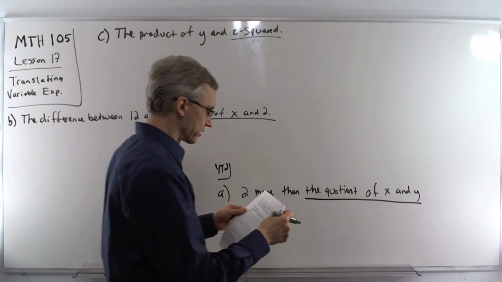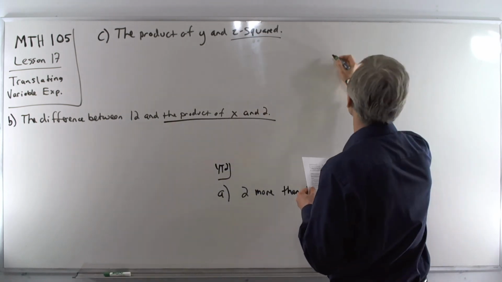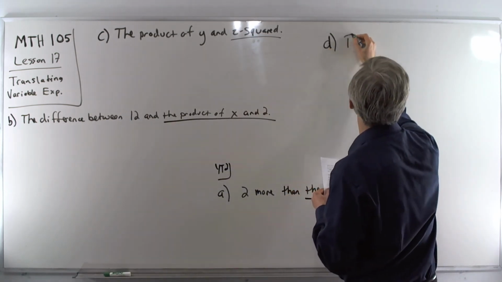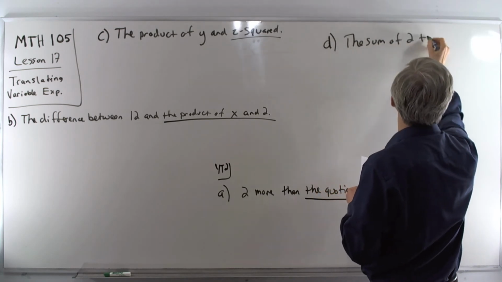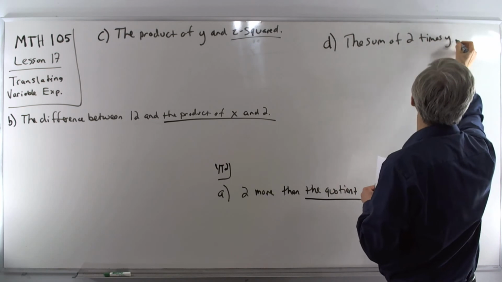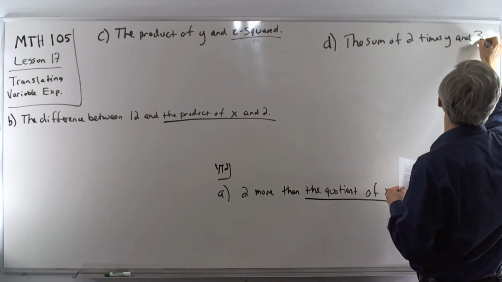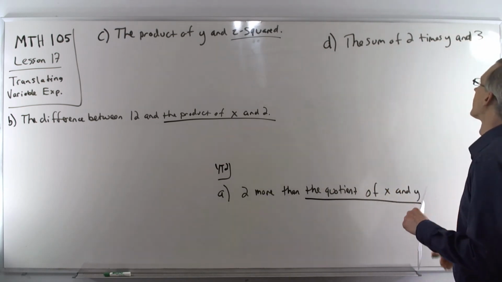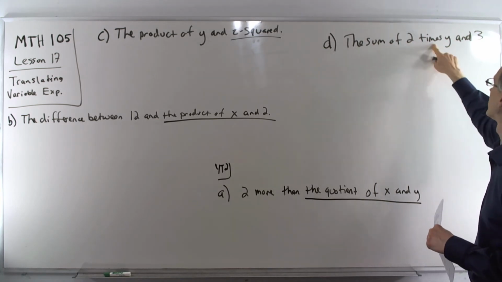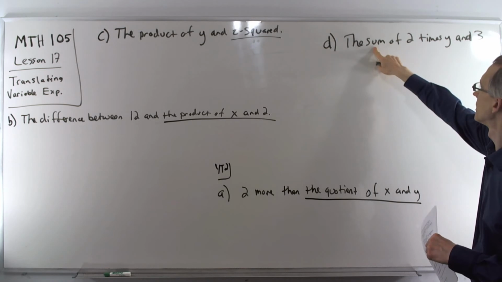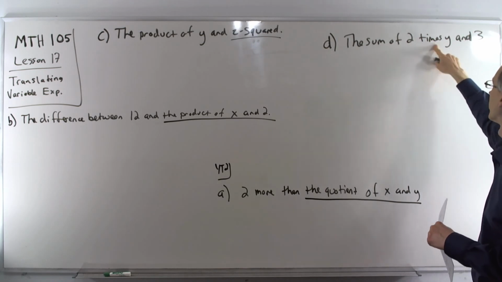And finally, D, the sum of 2 times y and 3. And for this one, we have the sum of 2 times: operation, addition, a number, another operation.